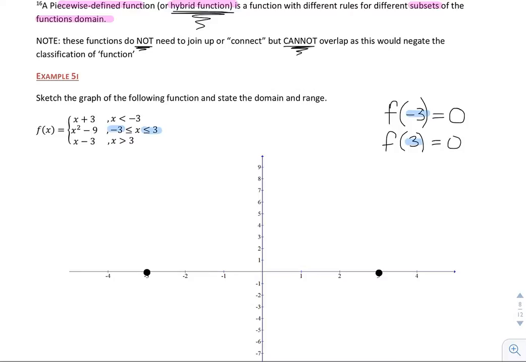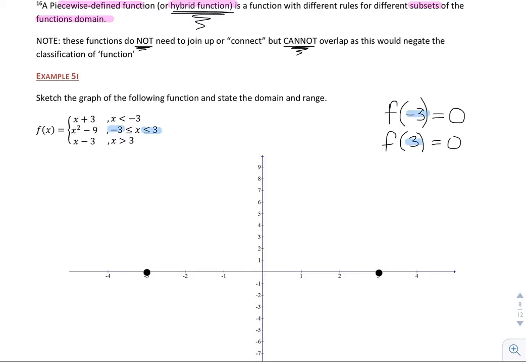We're now up to graphing the 3 individual equations over their specified domains. I'm going to start with our linear functions of x plus 3 and x minus 3. X plus 3 is a function that has a y-intercept of 3, and the issue with this is that within our domain that y-intercept actually doesn't hit.